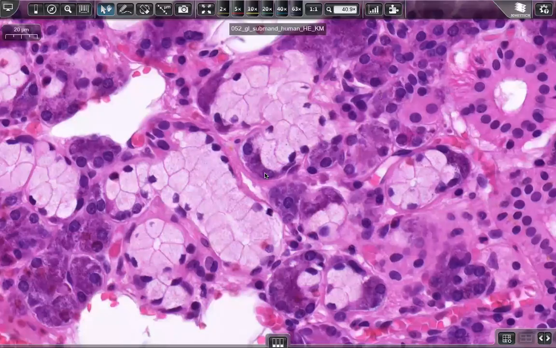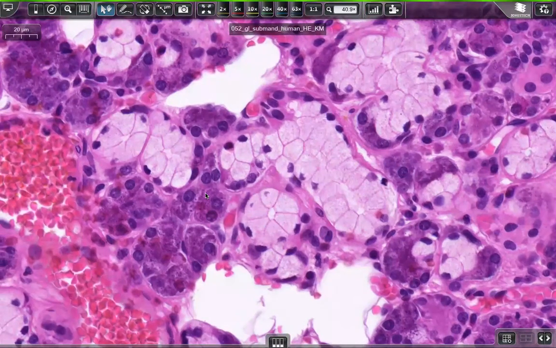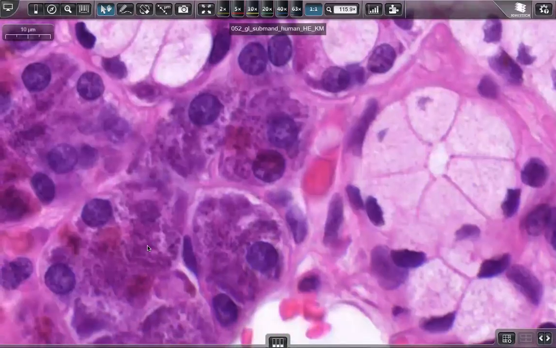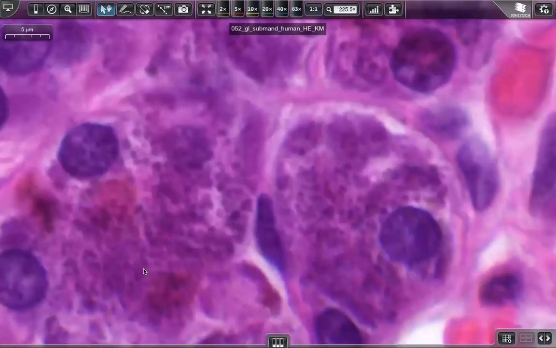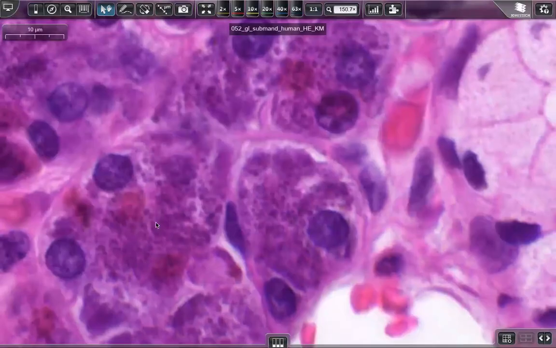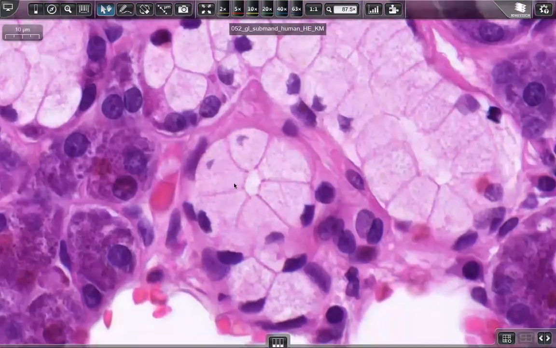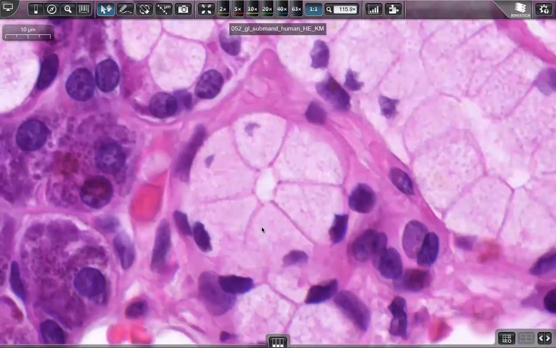And inside the serous acini, we can find the zymogen granules. So these dots are zymogen granules. And in the mucous acini, we have mucigen granules.